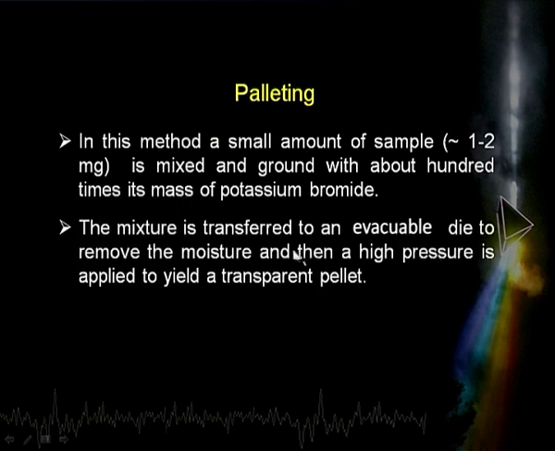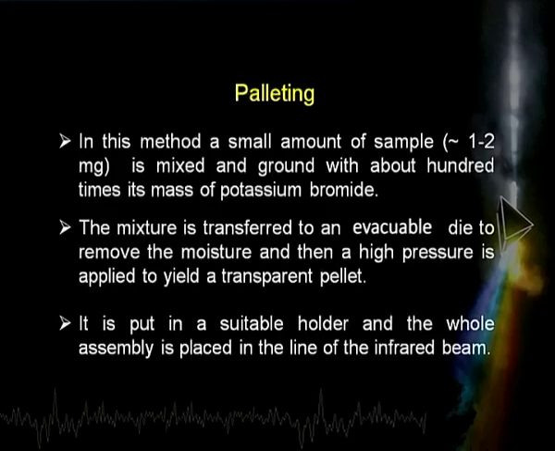Then this mixture is transferred to an evacuable die. You put some vacuum on that, which removes all the moisture, and then very high pressure is applied, whereby the mixture of KBr and your solid material forms a very nice hard pellet, that is called a KBr pellet.